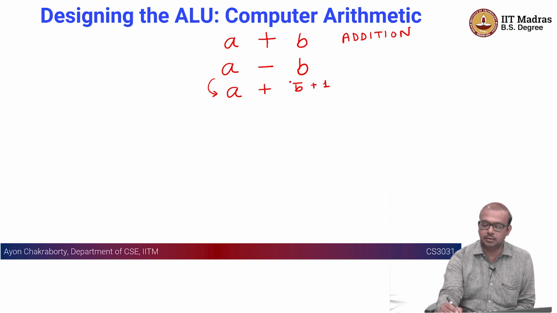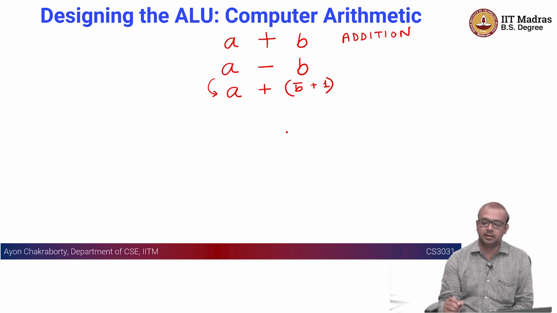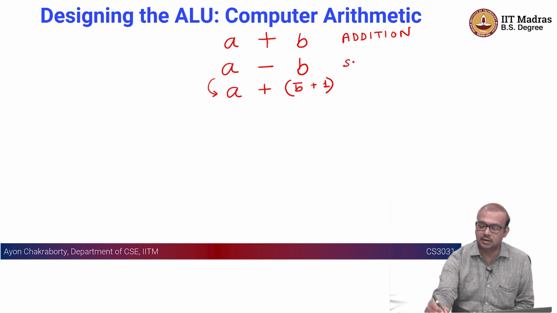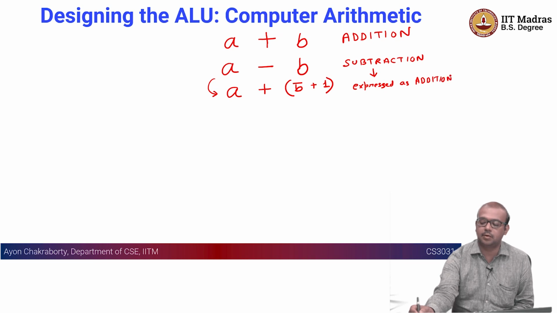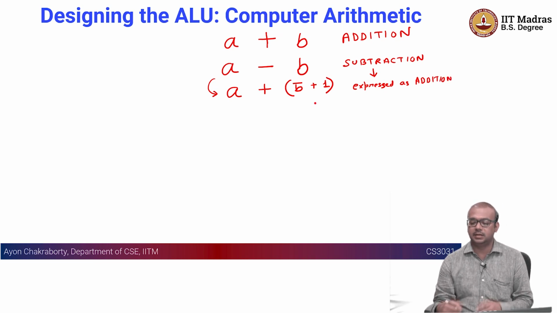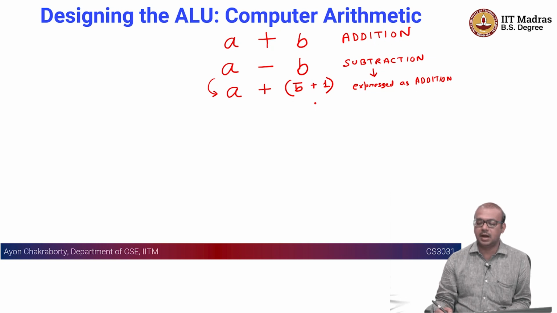Basically, convert B into the 2's complement format and add them. So this was also subtraction, expressed as addition. We had to do this manipulation, and this is how the 2's complement concept came up. So subtraction is expressed as addition, and we can use the addition circuit.